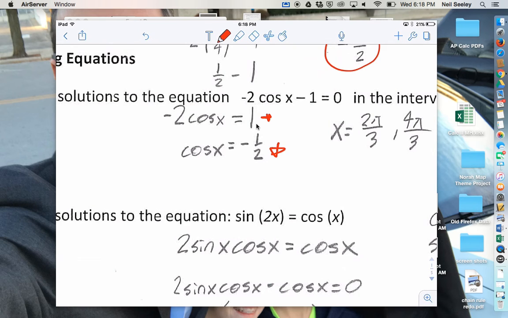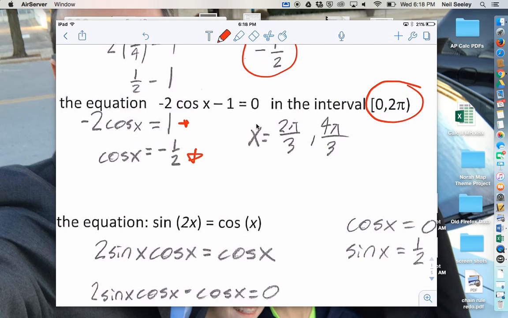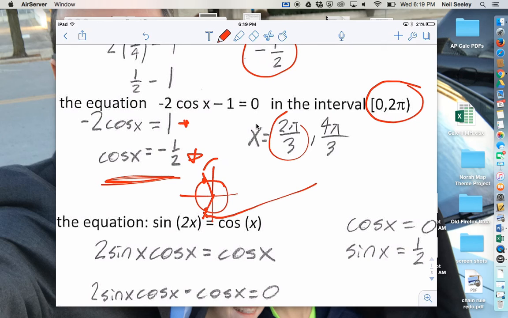Then you're thinking, where on the unit circle is cosine equal to negative 1/2, which is like going left 1/2. If I'm thinking of my unit circle in my head, to go left 1/2, there's 2 angles that have that characteristic. There's 2 pi over 3, which is the top one here, and there's 4 pi over 3, which is the bottom one right here.